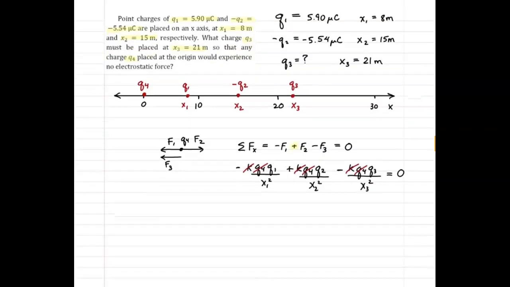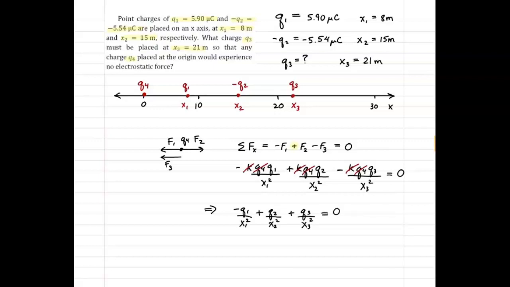And what you have is a much simpler expression. Minus Q1 over x1 squared, Q2 over x2 squared plus Q3 over x3 squared equal to 0.